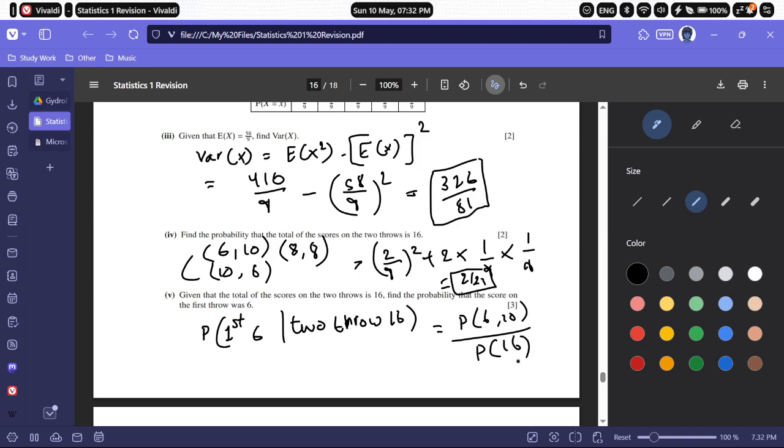That would be 1 over 9 times 1 over 9, divided by the probability we calculated before, 2 over 27.